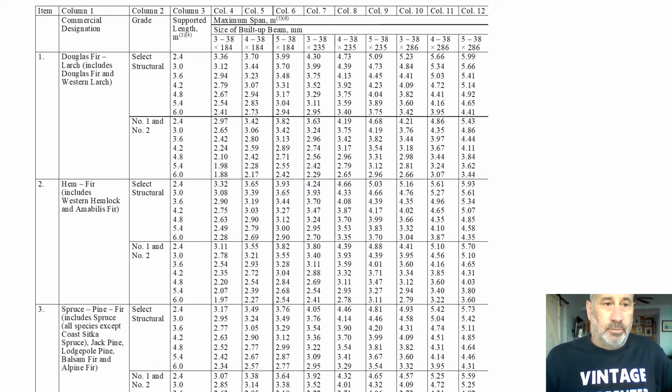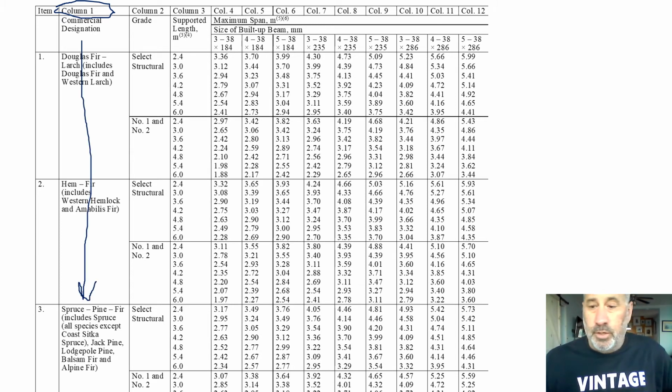When you get into the tables, first thing we got to do is start at the right side with column number 1, and find the lumber that we are using on site. Douglas fir and hemlock, you don't find it in Ontario, so chances are we're using the SPF or spruce pine fir, and we'll have select structural or number 1 and number 2.